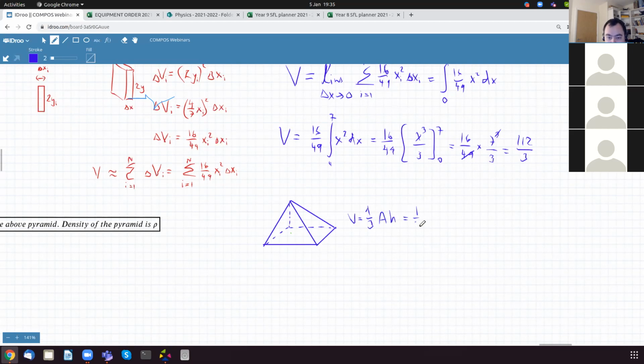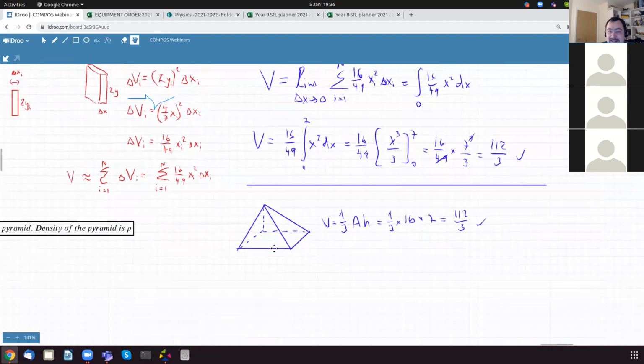So it's 1/3. The area of the base is 4 times 4, 16. And the height is 7. And as you can see, it's also 112/3, which matches this one. Okay, not the easiest method to find the volume of a pyramid, but here you go.